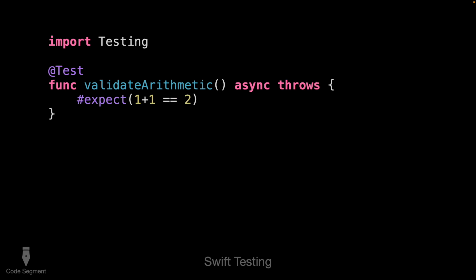This is what a unit test looks like with the Swift Testing framework. So the most basic kind of test that you can write is a function with an @Test macro placed in front of it to tell the compiler, hey, this function is for testing specifically.